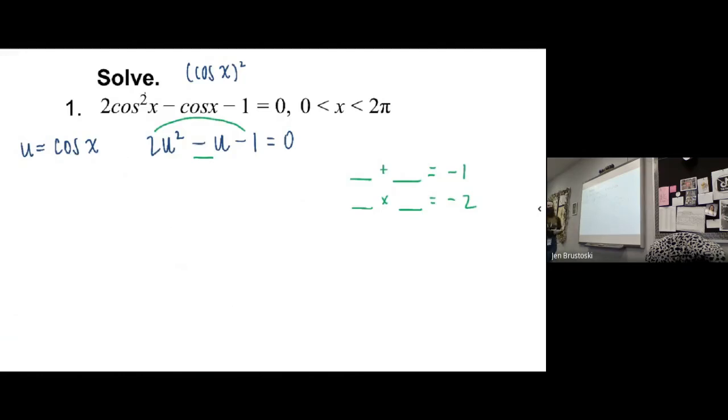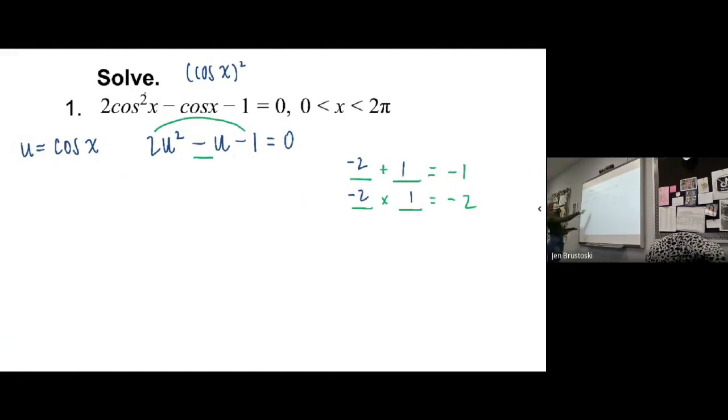So this would be your P, your S, and then our N are these 2 numbers that make both of those statements true. So if I multiply negative 2 times 1, I get negative 2, and negative 2 plus 1 gives me negative 1.